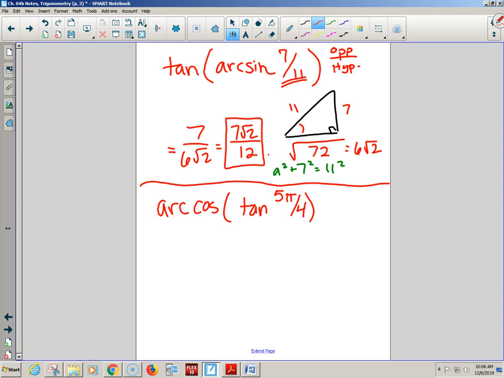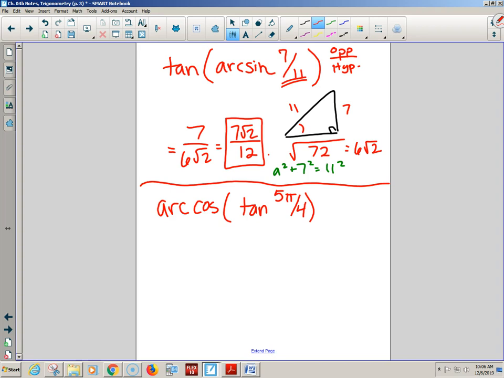Without restrictions, inverse trig functions are impossible because they'll fail the vertical line test every time. And poor little calculator that says, I need a function that only has one answer is not going to be able to work. We have to restrict in order for this to be a function and in order for there to be one and only one answer.